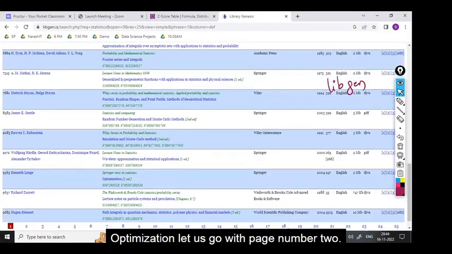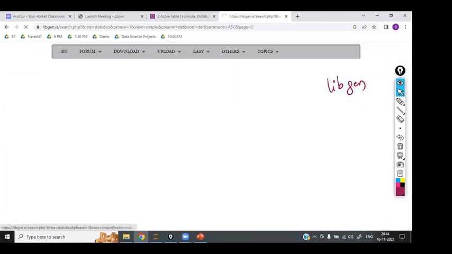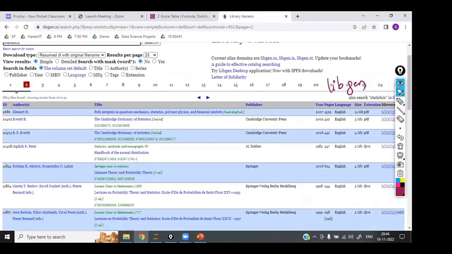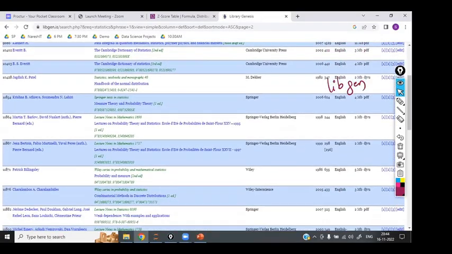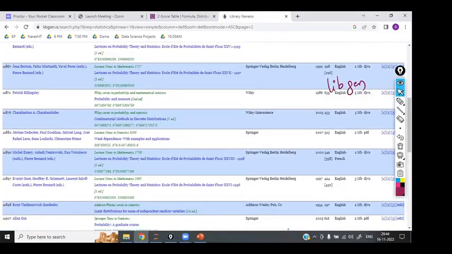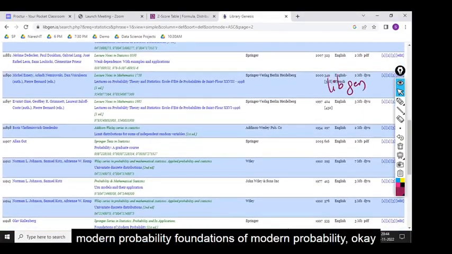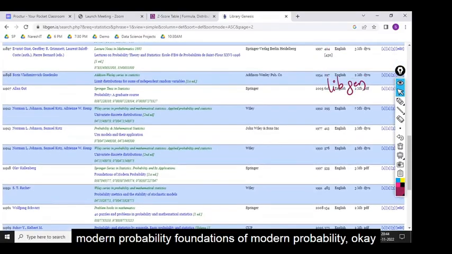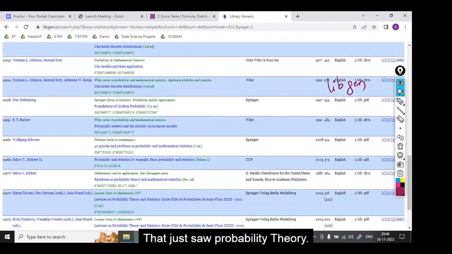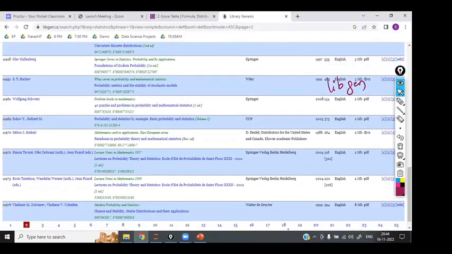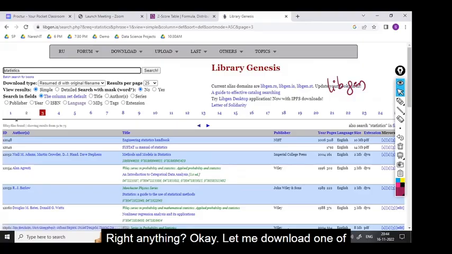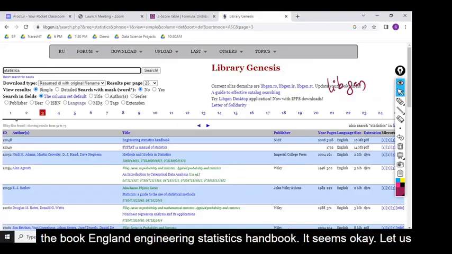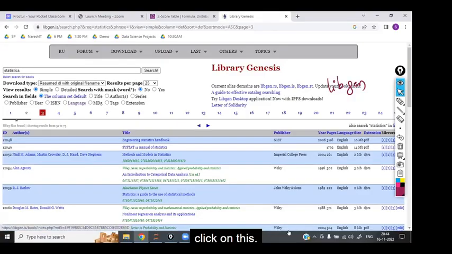Optimization. Let us go with page number 2. Modern probability, foundations of modern probability. Okay. Lectures on probability theory. Right? Anything. Okay, let me download one of the books. Engineering Statistics Handbook, it seems. Okay, let us click on this.